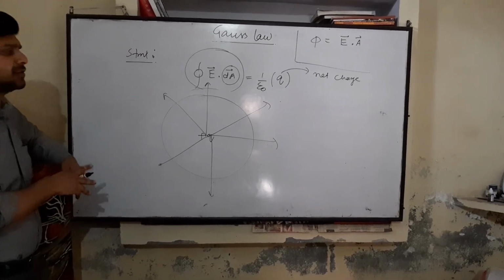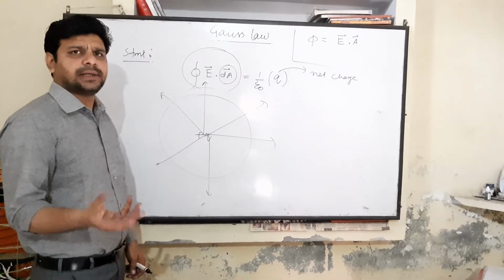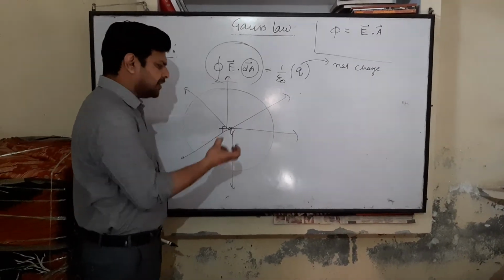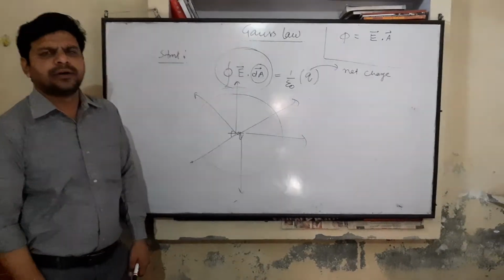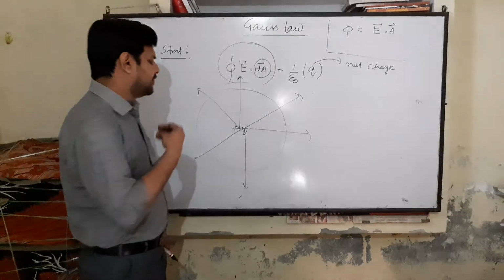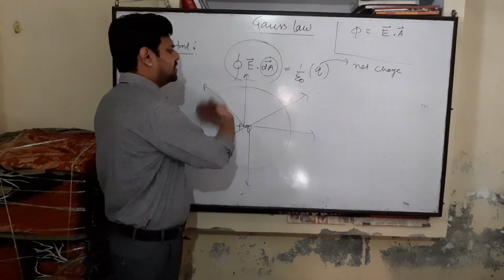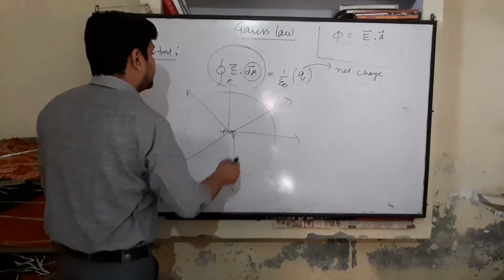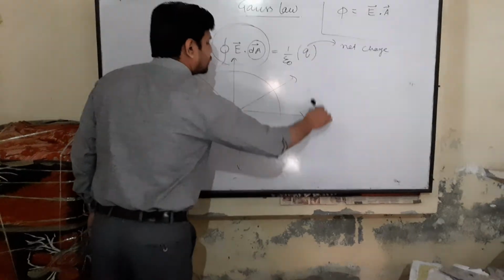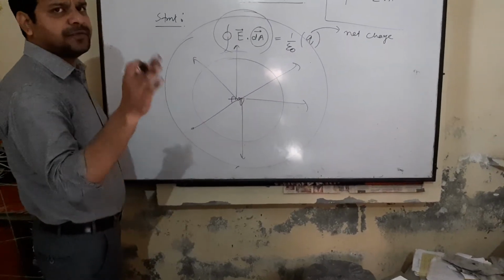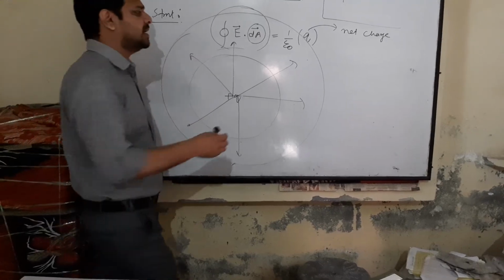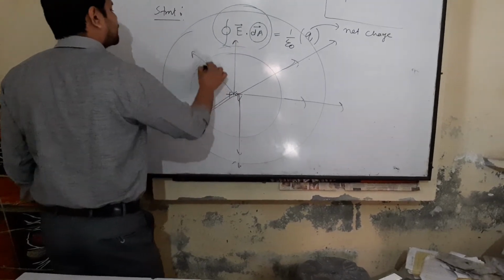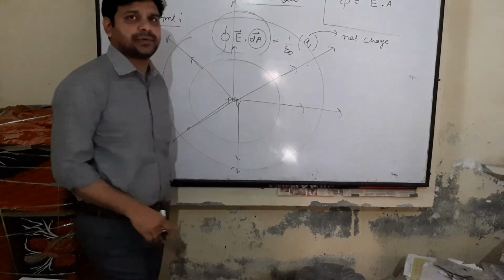What is electric flux? It is the number of electric field lines passing through a surface. These field lines only depend upon the magnitude of net charge inside the Gaussian surface. If we increase the amount of charge inside the Gaussian surface, then the number of field lines also increases. But if we increase the size of the Gaussian surface, then the number of field lines, or electric flux, remains constant, because it only depends upon the amount of charge inside the Gaussian surface.